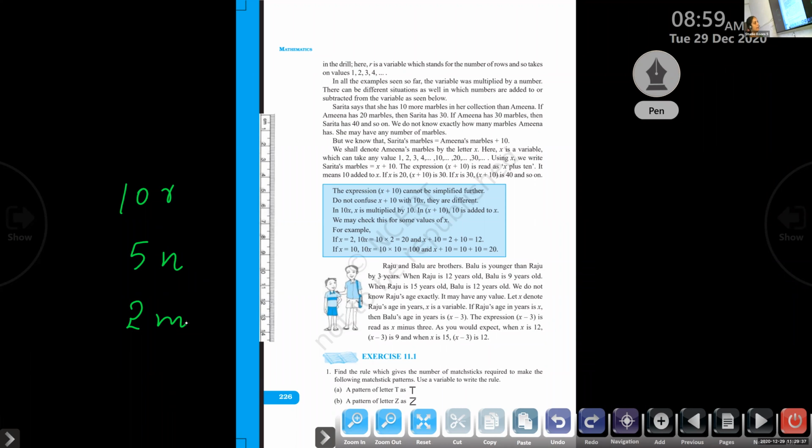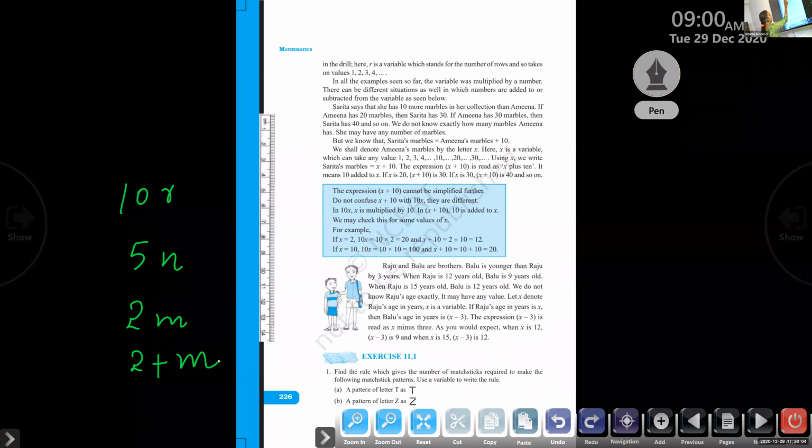Some situations are like this: we have to add to the variable, like 2 plus M. Some situations we have to add, some we have to multiply, some we have to subtract. That is according to our problems, our situations.